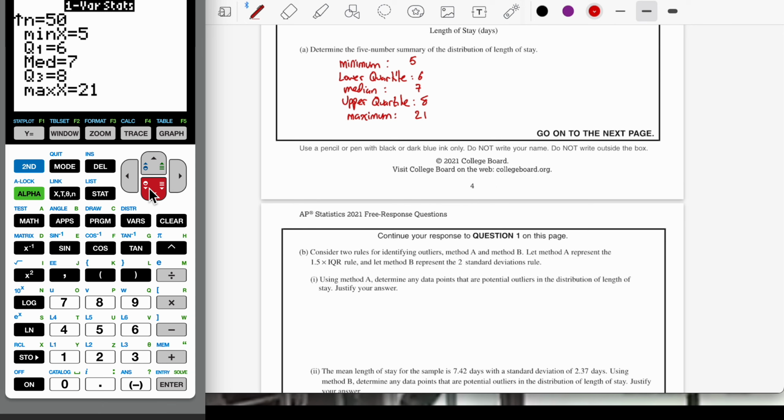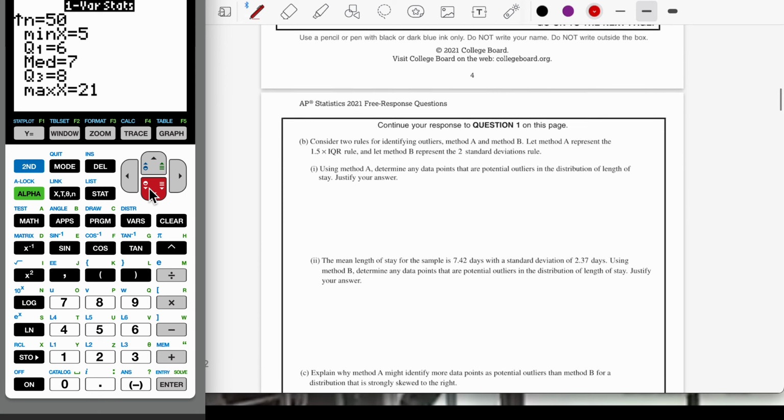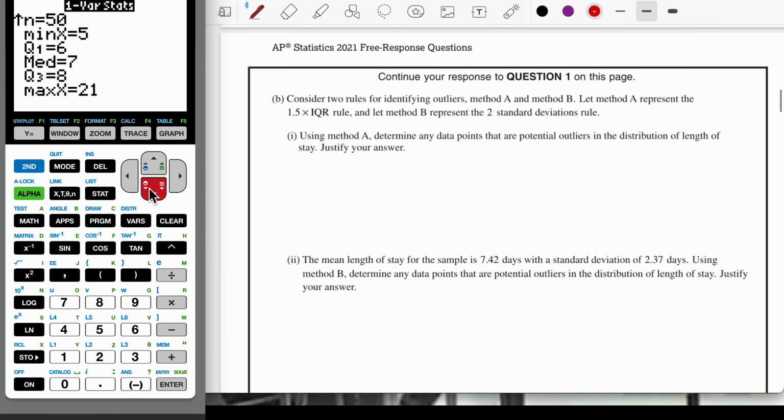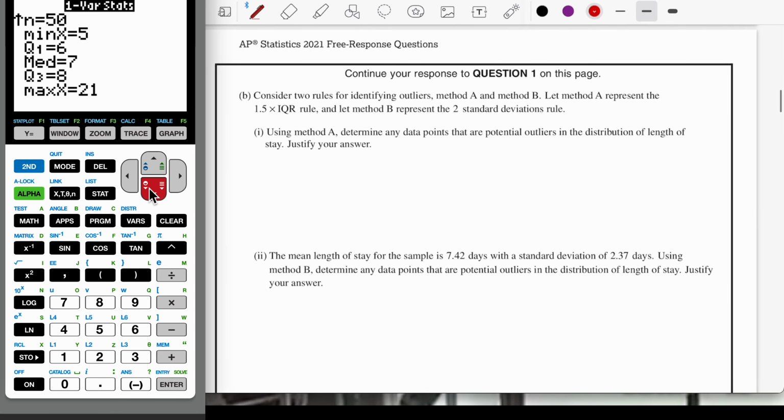But they also allow for method B, which is the 2 standard deviation rule. So that's the usual, unusual intervals. Anything within 2 standard deviations of the mean is considered to be the usual values. Anything beyond that would be unusual. They're allowing for that level of unusualness to also help determine any outliers.